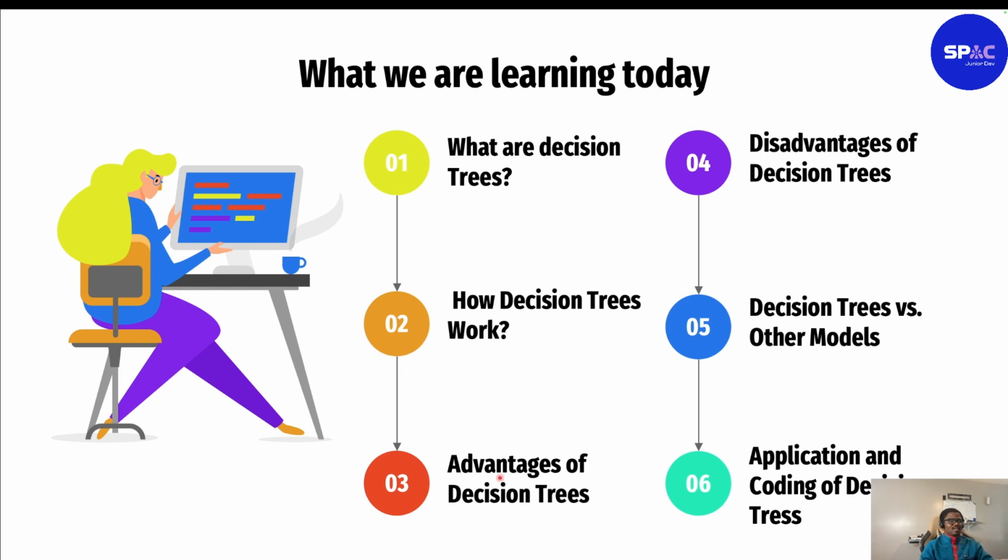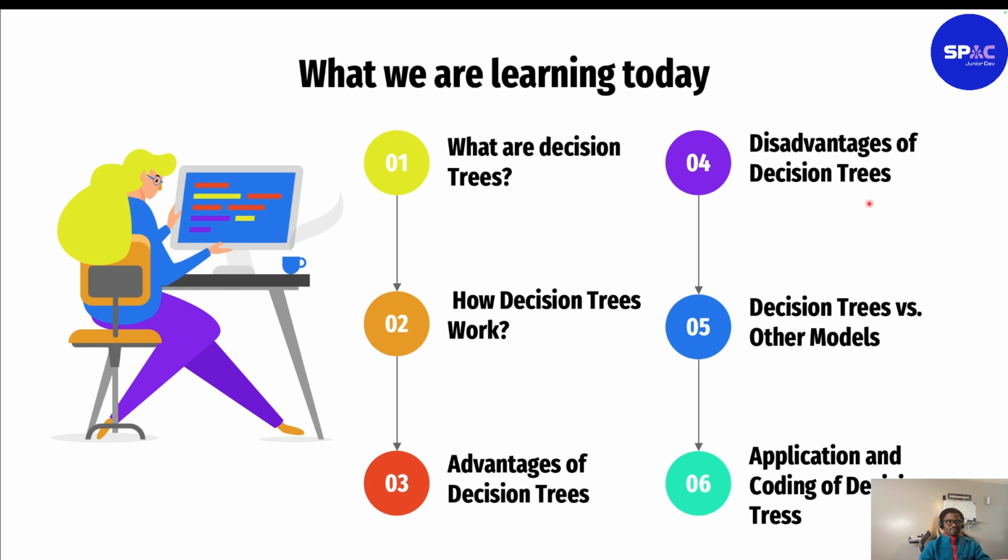Then we're going to talk about the advantages of decision trees, like what makes decision trees really cool to use, and the disadvantages of decision trees, like what are the things that are not really cool with decision trees that might be difficult for us to walk through.